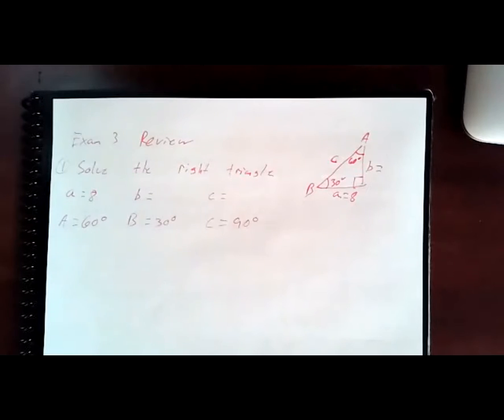All right, so I want to find lowercase b and lowercase c. So I guess we can use tangent of 60. Oh, tangent of 30. Yeah, let's do tangent of 30.